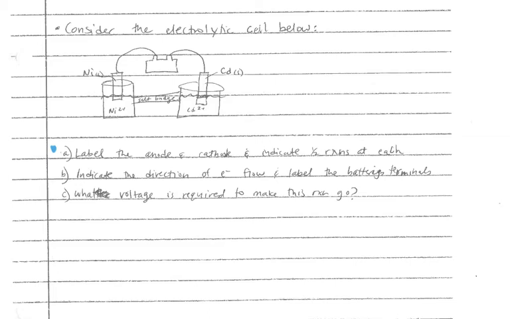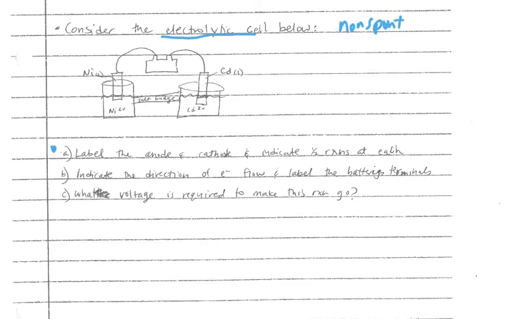All right, so if we're given 2 metals and we want to know which one is reduced and which one is oxidized, we can simply look at our table 19.1, our reduction potential table. This is an electrolytic cell, so this is going to be non-spontaneous. So we want the non-spontaneous situation.